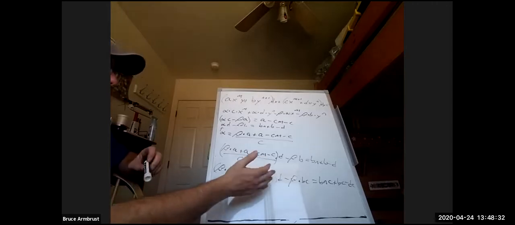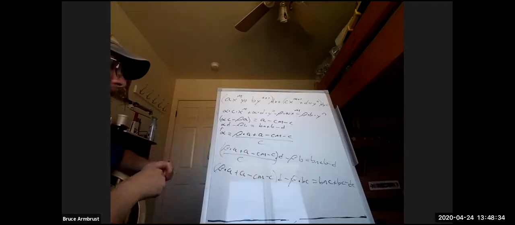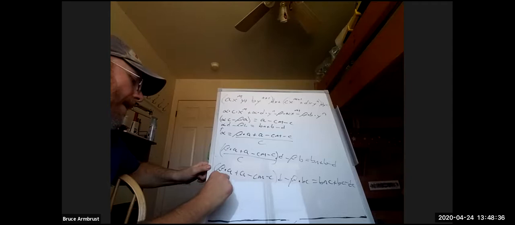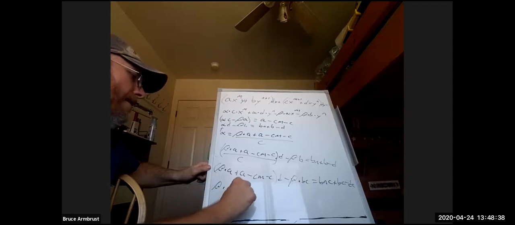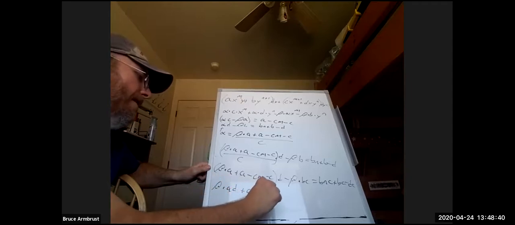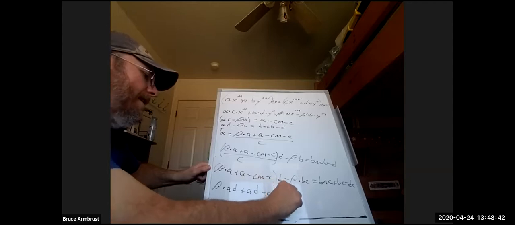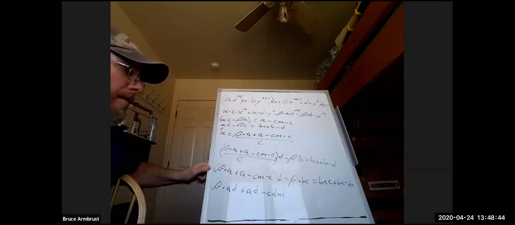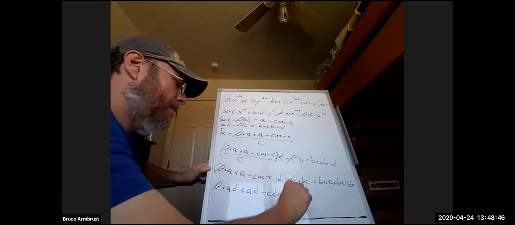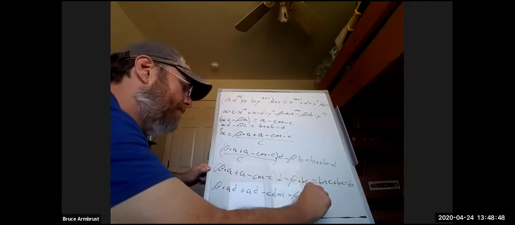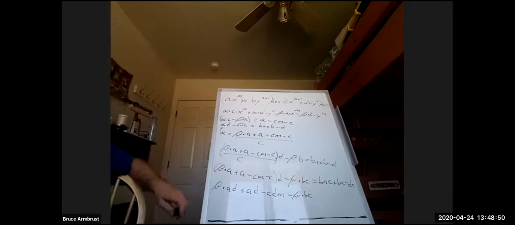So now I'm going to distribute again. So I get beta times AD plus AD minus CDM minus beta times BC. And I know before you go, wait a minute, you didn't write minus CD.